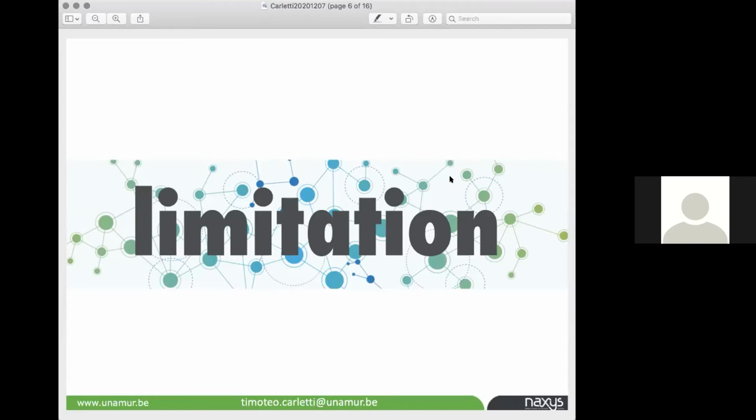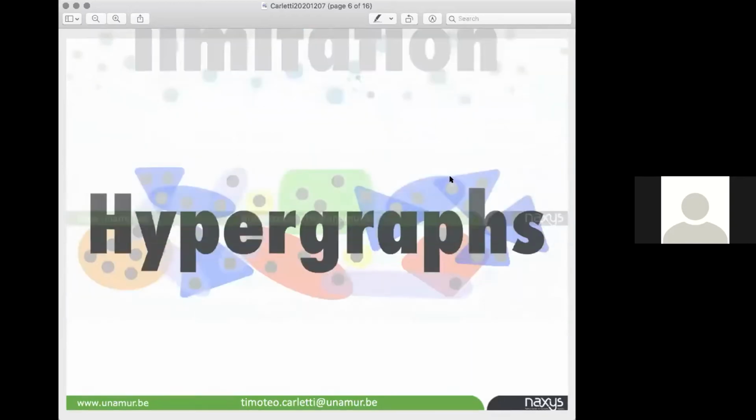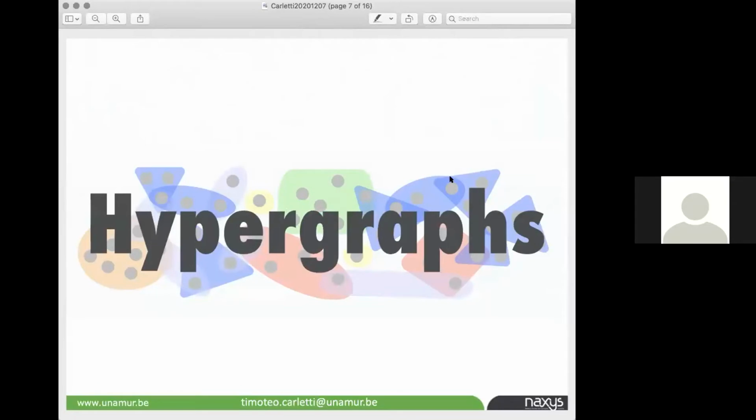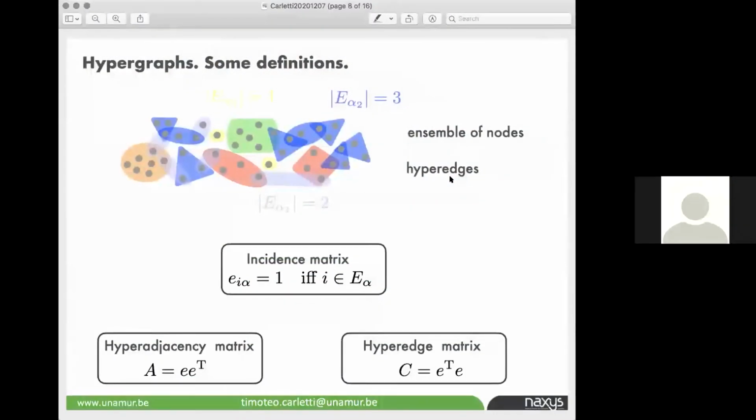To go beyond this problem, we decided to go beyond the network structure and introduce hypergraphs. A hypergraph is a generalization of networks where nodes can be connected in groups of arbitrary sizes. So you go beyond pairwise interaction, allowing groups called hyperedges to have any size from 2 up to whatever you want. Just to fix the notation, you have an incidence matrix, E_i alpha, which is 1 if and only if node i belongs to hyperedge e_alpha.